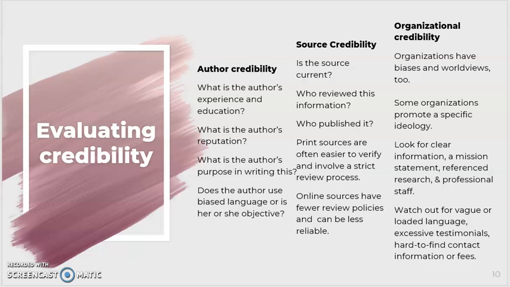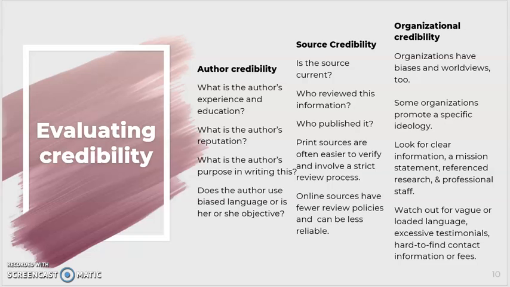That's the source. So you want to ask yourself, first of all, is this current information? Who reviewed this to make sure that it's accurate? With the Wall Street Journal, they probably have a pretty strict review process before they allow people to publish information, whereas the homemaking blog, that lady probably didn't have anybody vet her information before she put it online.